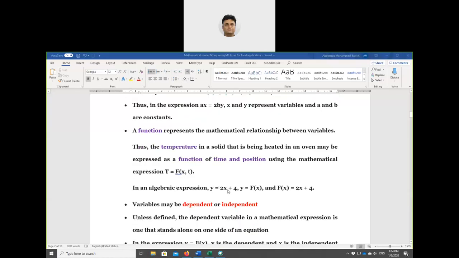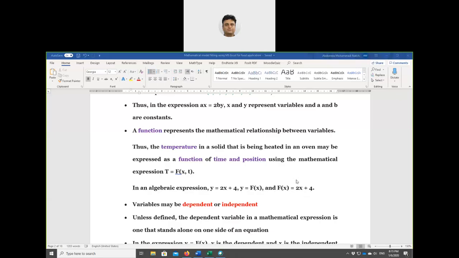In an algebraic expression, y equal 2x plus 4 is a function. y equal to f, a function of x. So f(x) equal to 2x plus 4.